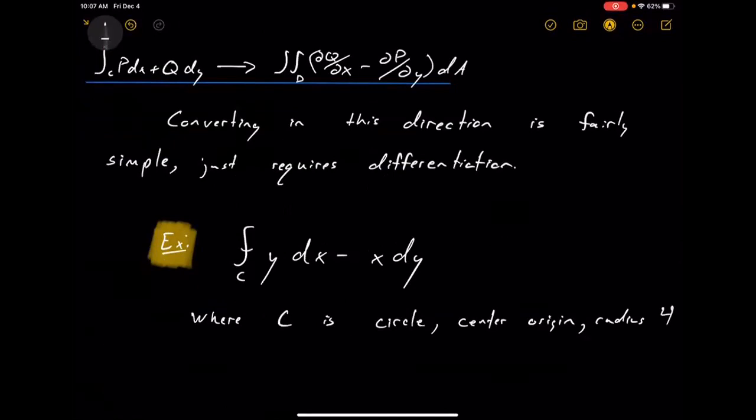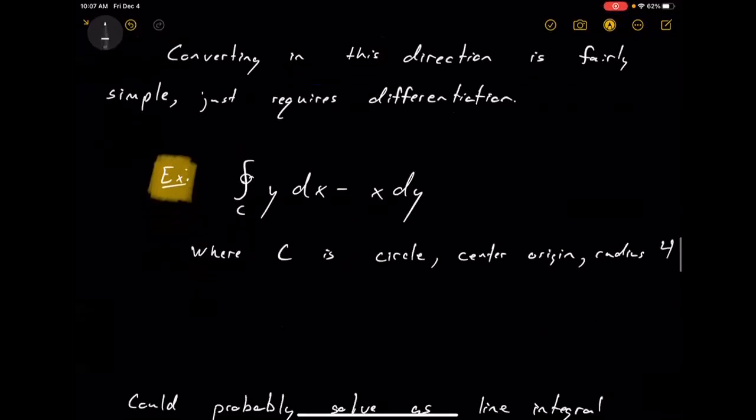This loop just means we're integrating on a closed curve, something that circles back to itself. Sometimes you'll even see it with an arrow pointing counterclockwise, meaning it's positively oriented, where we're moving around the curve counterclockwise. You might see either of those. Don't be thrown by that. This is still just a line integral.